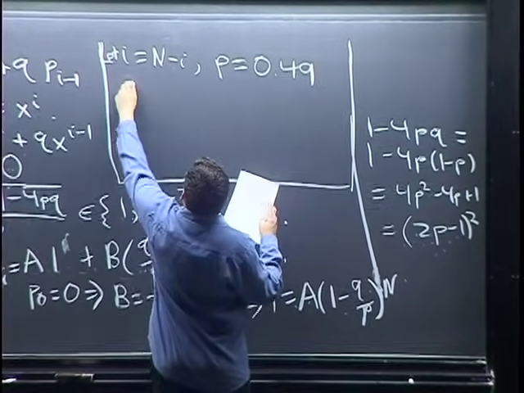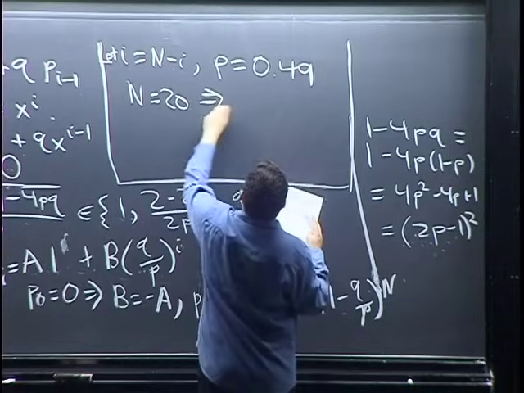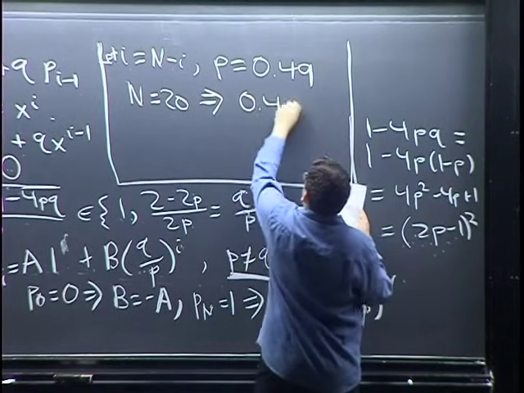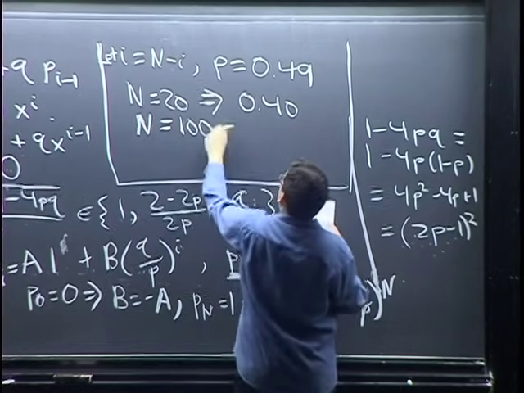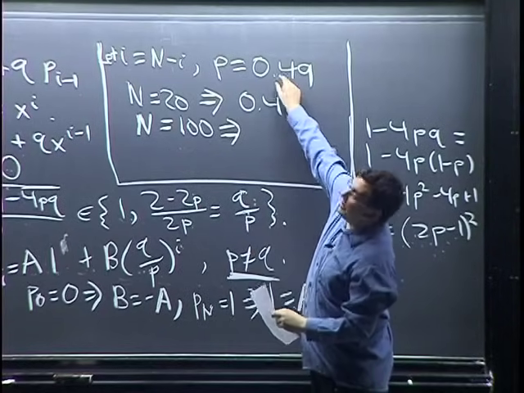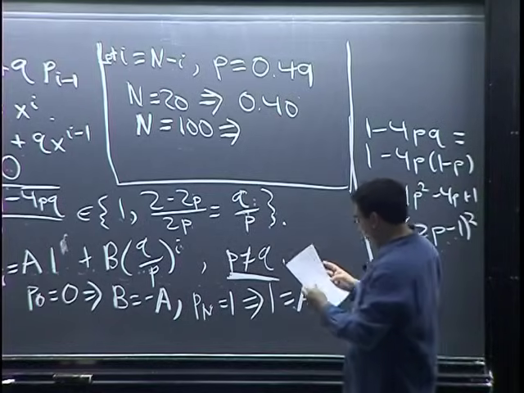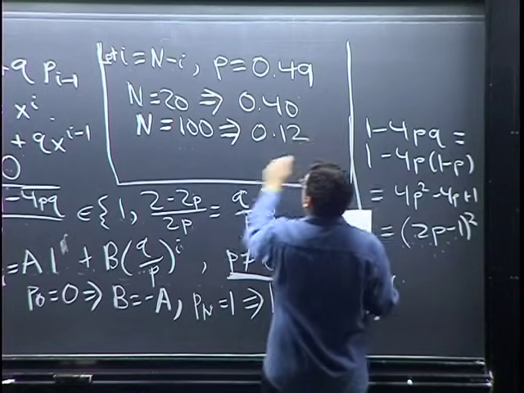Well, if n equals 20, then the chance that A wins is 40%. So that doesn't sound too bad. If n is 100, so that's the case where each player starts out with $50 and the game is just a tiny bit unfavorable to player A, then it's only a 12% chance that A wins.